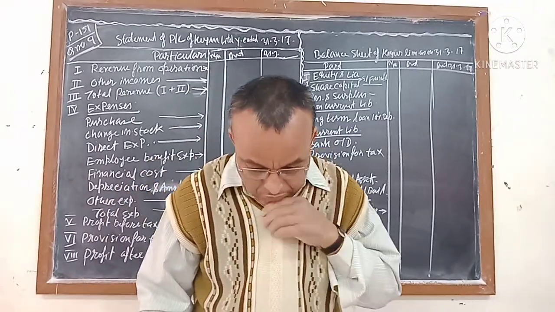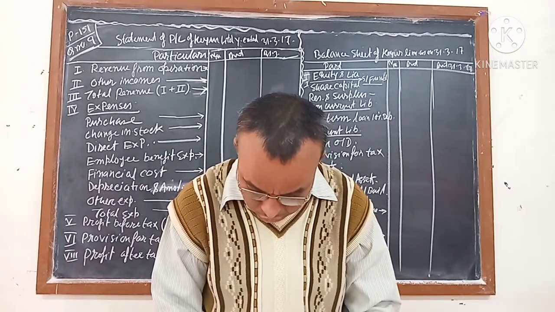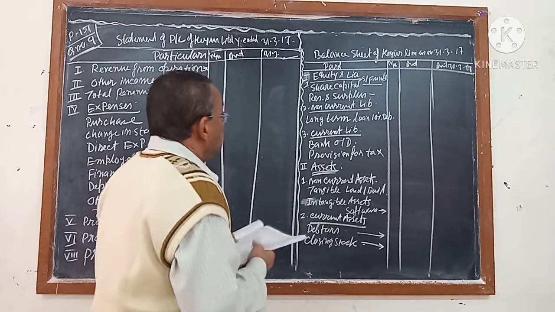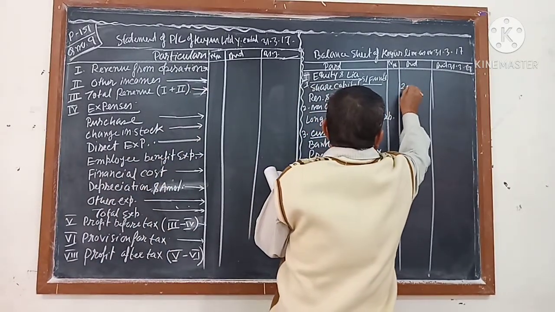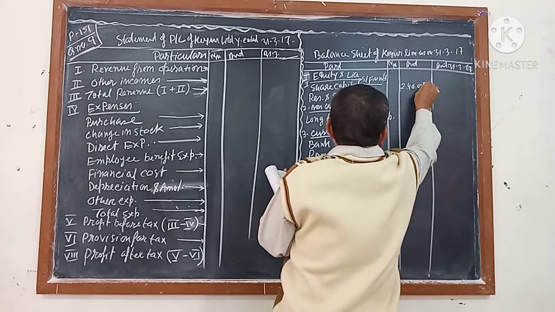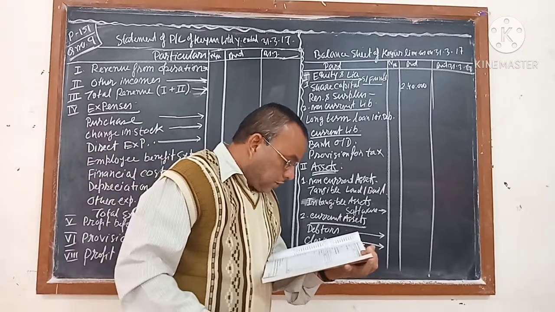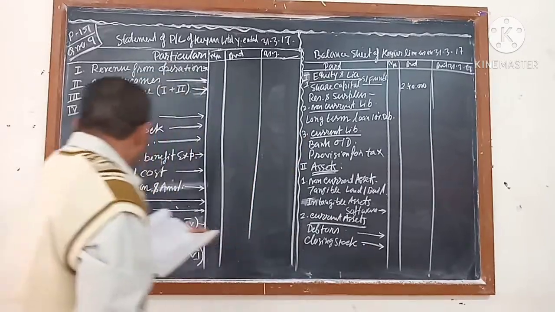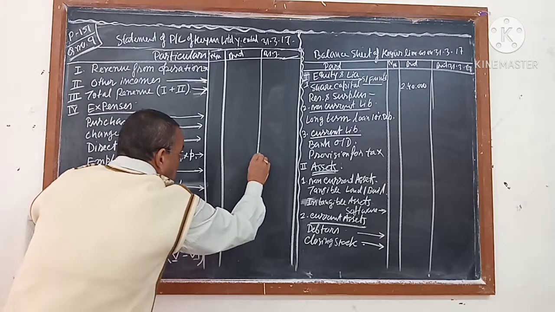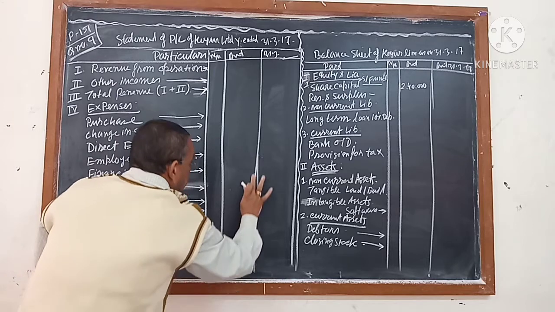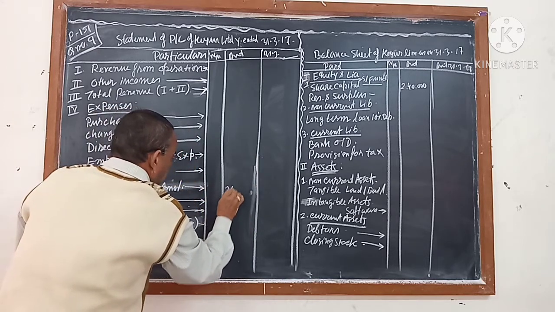Let me write one by one from top to bottom. Equity share capital 2,40,000, which I already kept a base for. Next comes office and sales expense 24,000, which comes here under other expenses, 24,000.